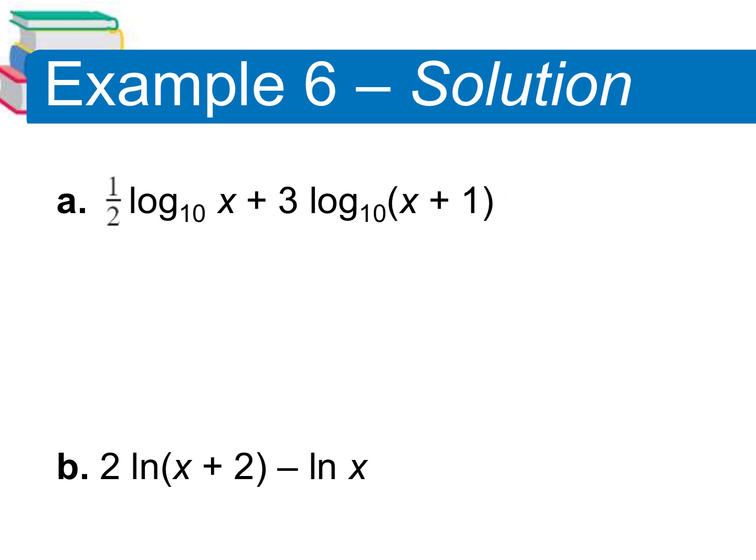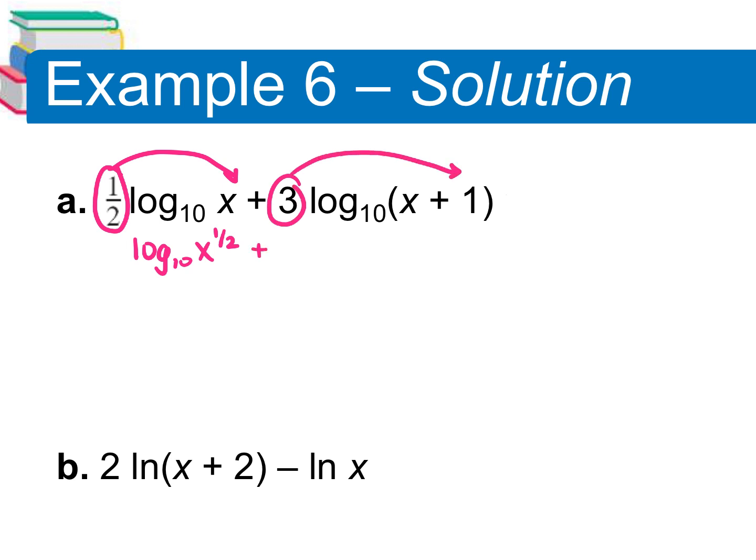First thing you're going to do is take that 1/2 and pull it to be the power on that x. So that means you're going to have log 10 of x to the power of 1/2, and that's going to be added to the 3 that goes to the power. So that's log 10 of x plus 1 cubed.